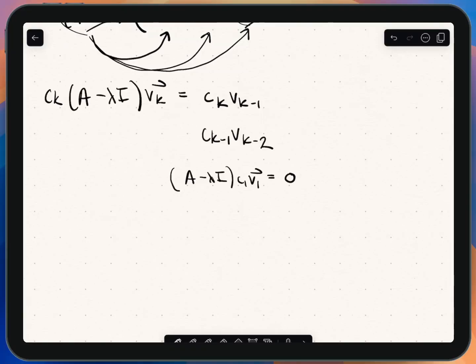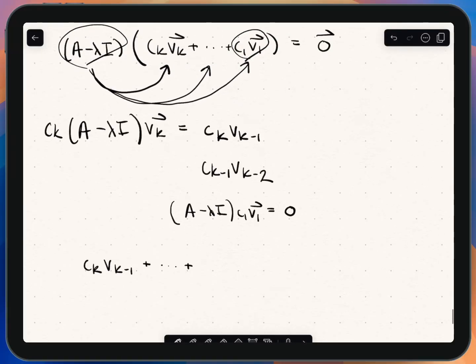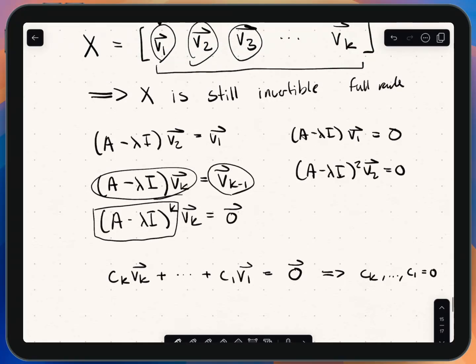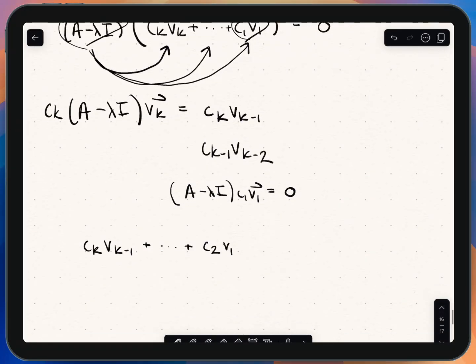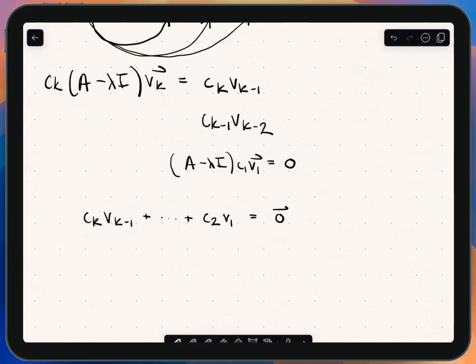So then we're left with the following statement. We have CK VK minus 1 all the way to the next to last one, which would be C2, but then it would be V2 minus 1, so that would be V1. That's the same thing as we will transform the V2 into a V1. And all of this must be 0.